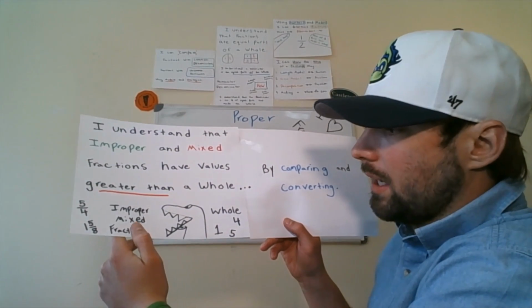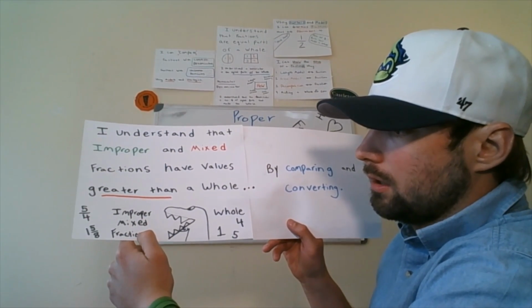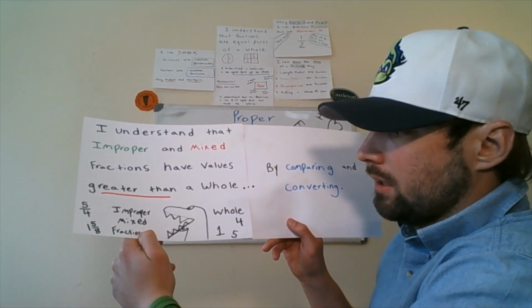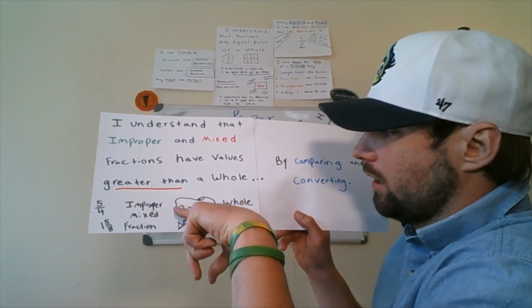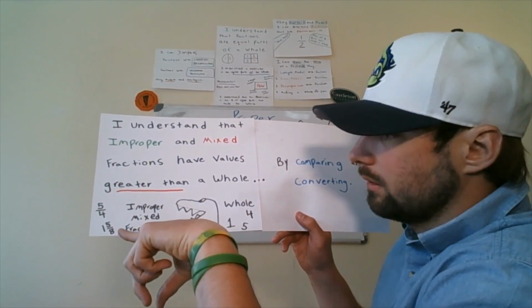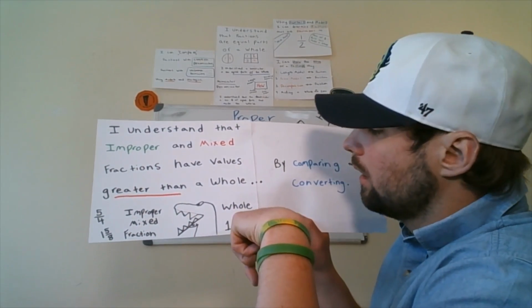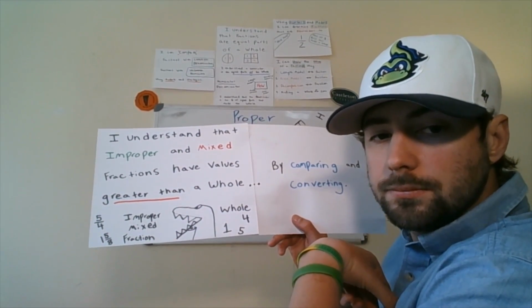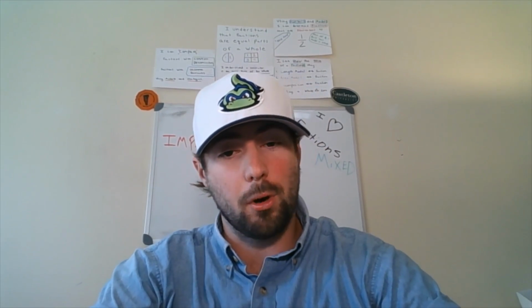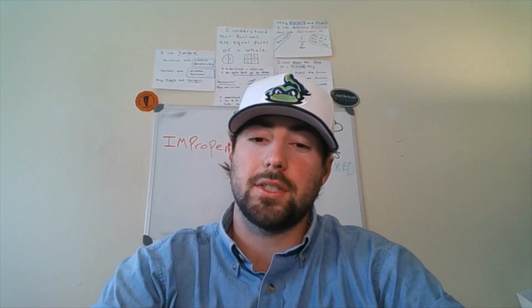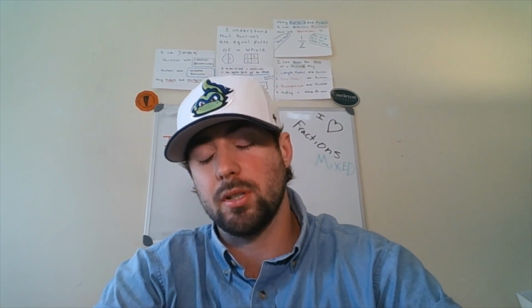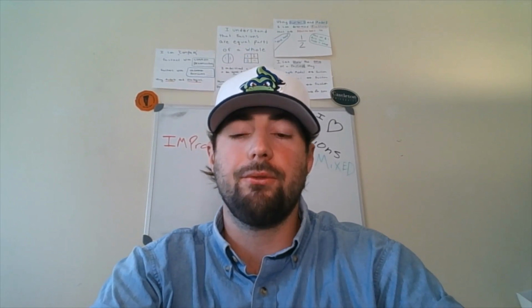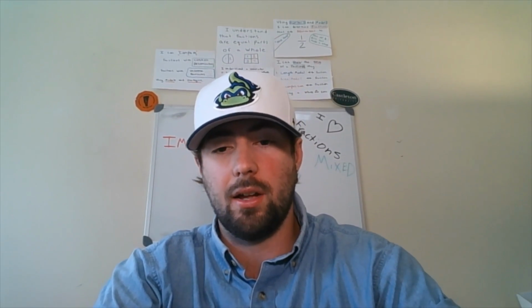So, taking a look at improper and mixed fractions and understanding that it's greater, alligator, than a whole. And, of course, with this mini unit being about comparison of fractions to help us really get a full understanding of the value of that fraction.